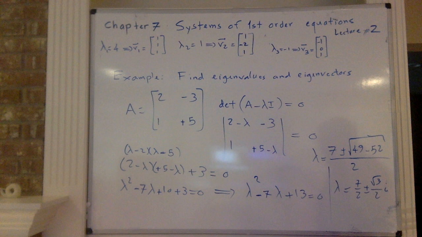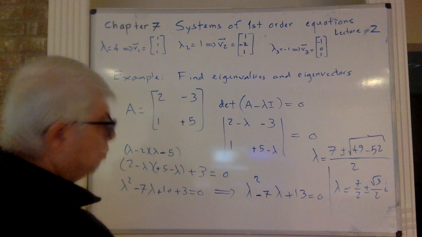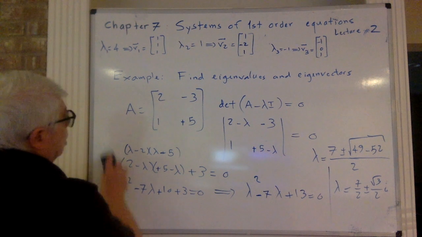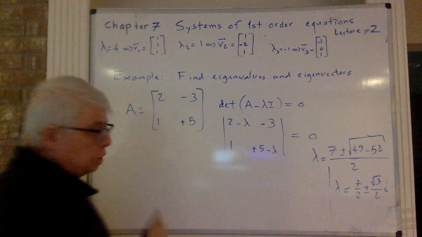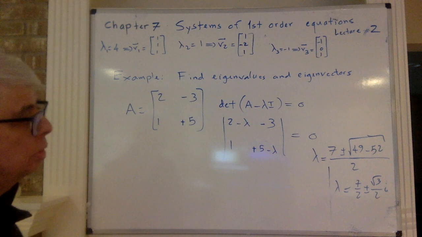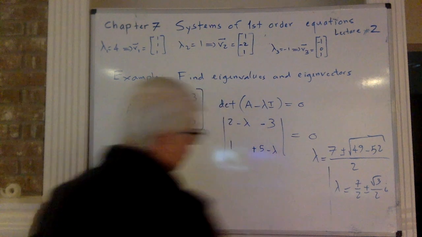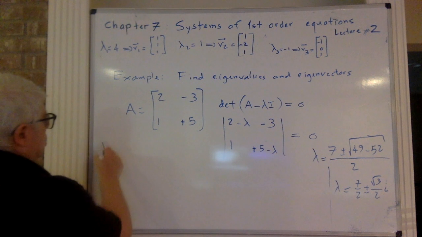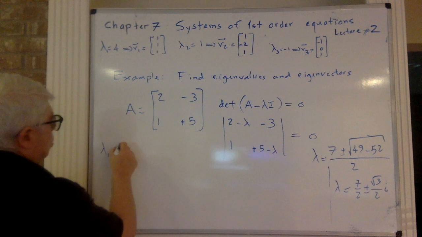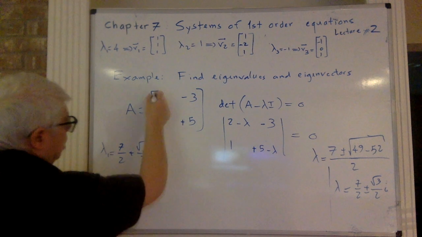So I have this for the lambdas, and let's find eigenvectors quickly. I know from the discussion that the eigenvectors are conjugates, and you can see the eigenvalues are conjugates. So if I find it for one of them, I have the other one. So lambda 1 is 7 over 2 plus the square root of 3 over 2 i.